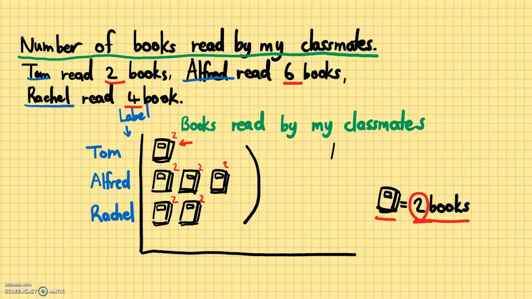And the reason for that is if I draw a picture like this for Tom, but then I change the drawing of the book to something like this for Alfred, that gets a bit more confusing because on this pictograph here, since all the pictures are the same, we can know straight away who read the most books, who read the least books, how many books did each of them read. But if we start changing the pictures like this, we're going to start needing new scales for these kind of pictures. So that complicates things more.